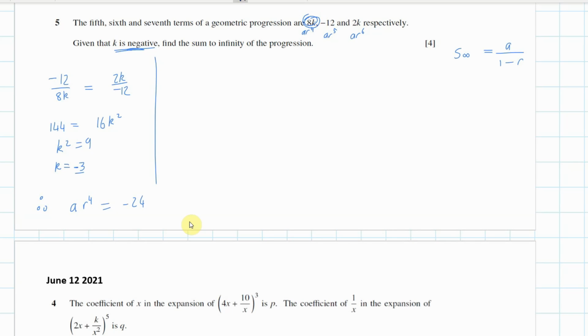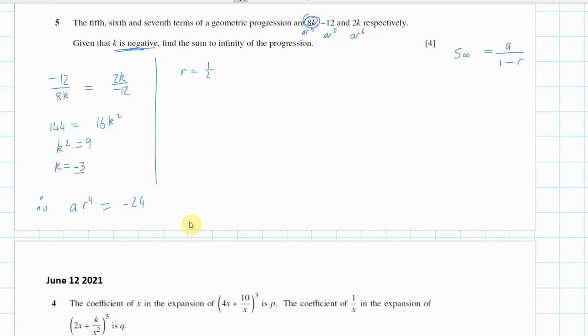Okay? So that's not helpful at all. What we can do though is, I guess we can say negative 12 is AR to the 5. So yeah, R is equal to 1/2, so that's fine.